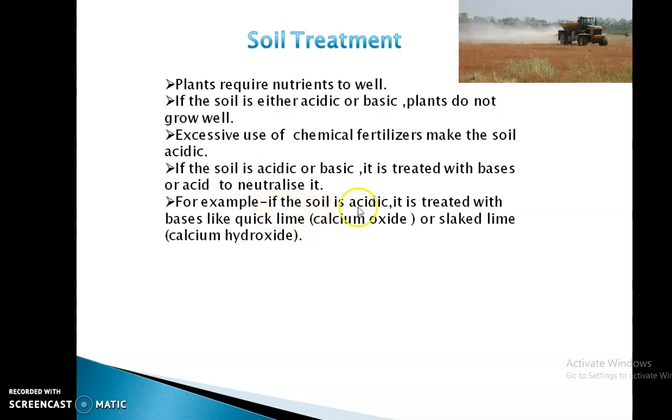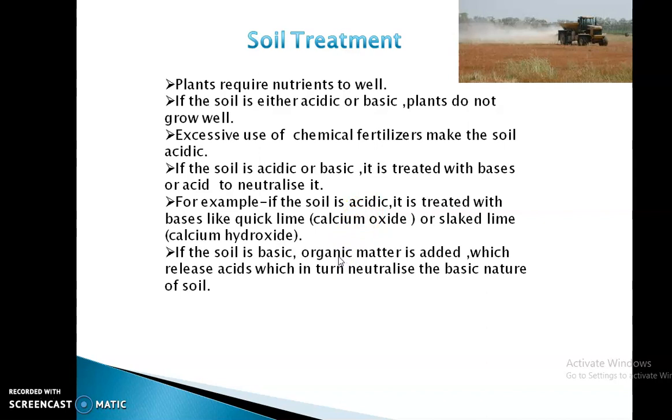Example, if the soil is acidic, it has to be treated with a base like quicklime. The chemical name of quicklime is calcium oxide, CaO, or slaked lime. When you add slaked lime or quicklime, both are bases. They will react with the acidic nature of the soil and neutralize the effect.